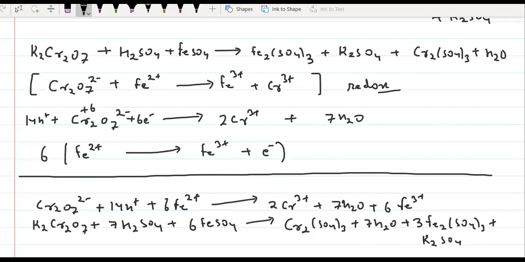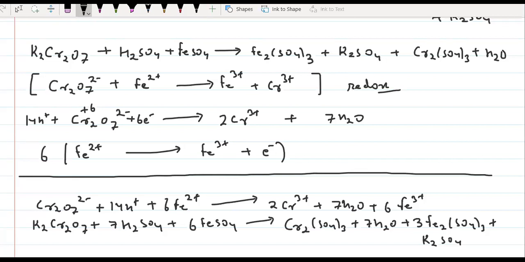So this is a balanced reaction, guys. Please check. K2Cr2O7 plus 7H2SO4 plus 6 FeSO4 gives 3 Fe2(SO4) whole thrice plus Cr2(SO4) whole thrice plus 7H2O plus K2SO4. That's it.